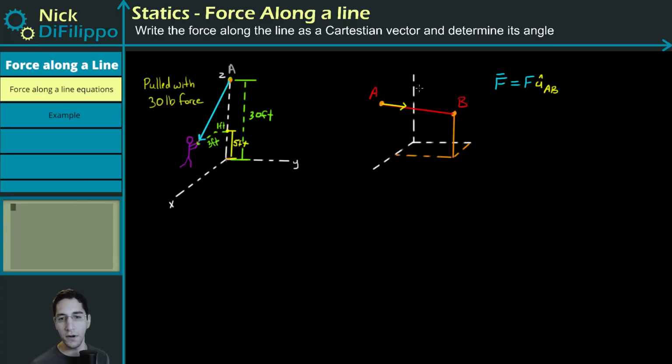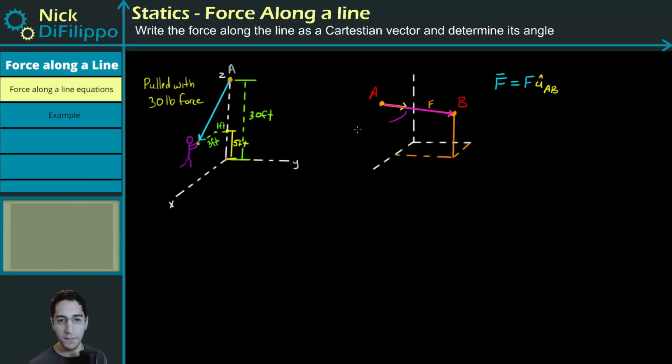So this is going to be our unit vector. This is going to be our force. And what we should notice is this unit vector is going to point along the same distance, let me change the color, that a position vector from A to B would point.